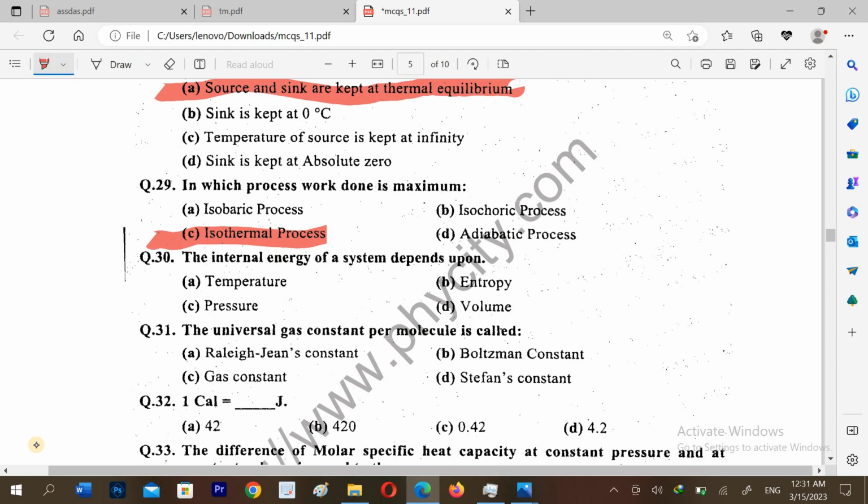The internal energy of system depends upon temperature.